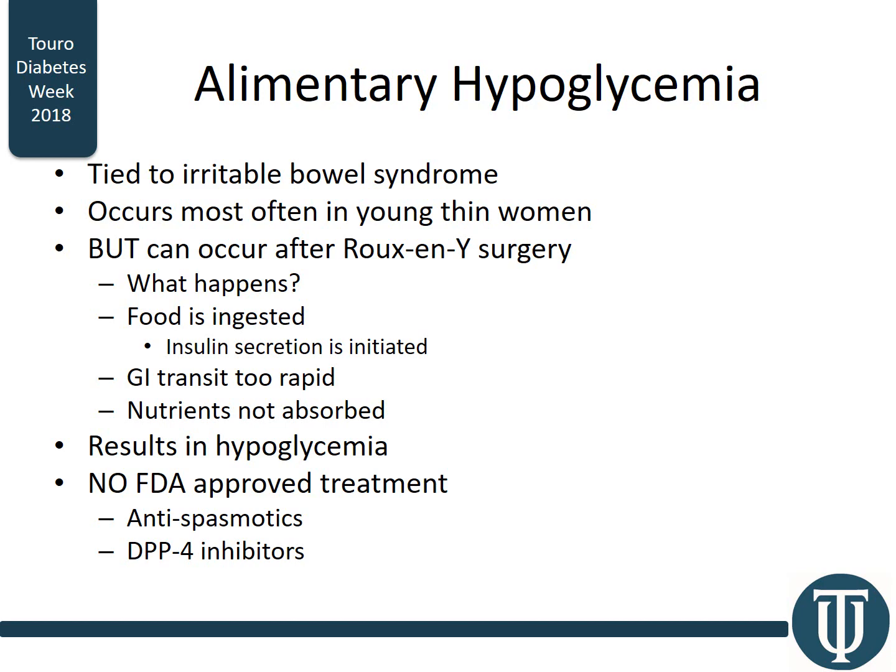We do sometimes use antispasmodics to allow the slowing of the GI tract, but we also have used off-label DPP-4 inhibitors, which seem to allow a glucose-dependent insulin response to this condition, and it really has been very effective in reducing alimentary hypoglycemic episodes. Albeit that's off-label.